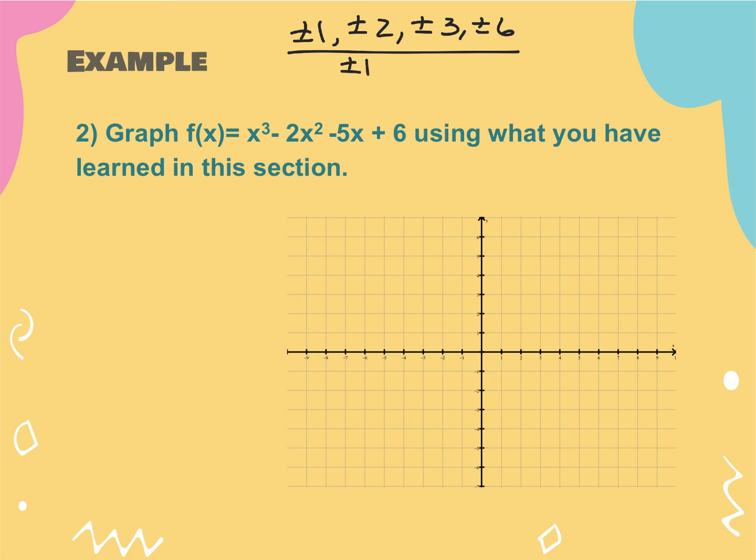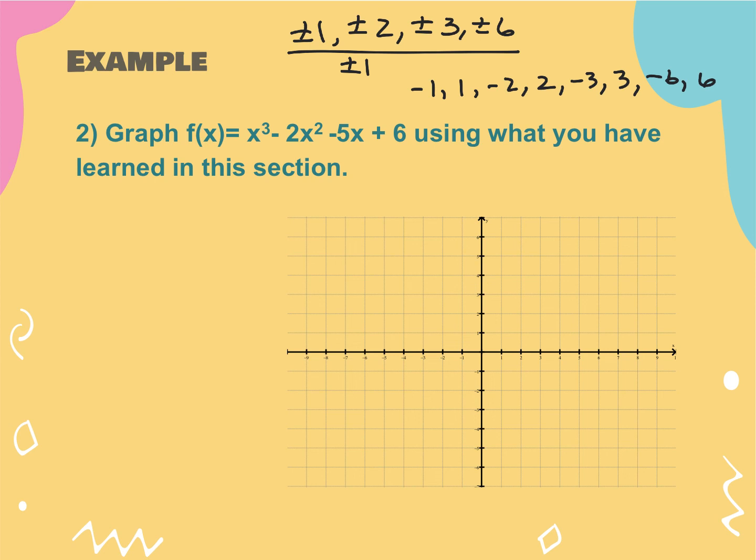So my possible zeros are -1, +1, -2, +2, -3, +3, -6, +6. So again, on a multiple choice test, look for the 0 that's the same in all the answers. That's the number you're going to do synthetic with to get the other two zeros.